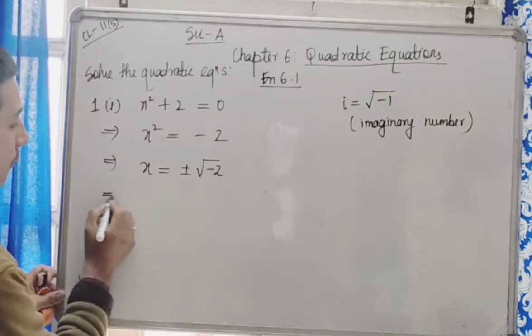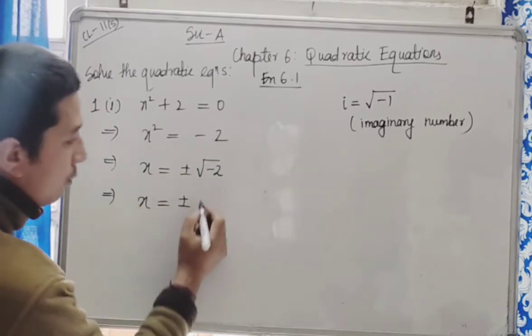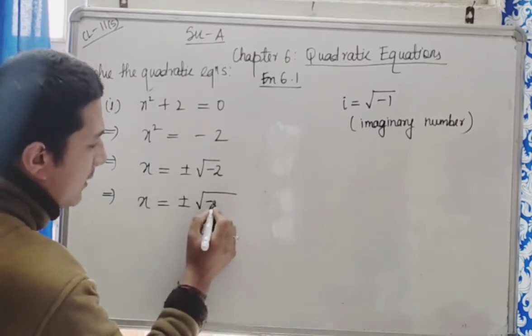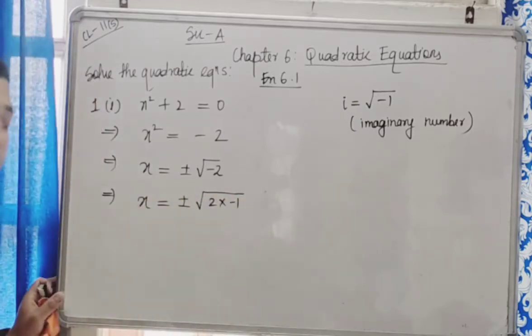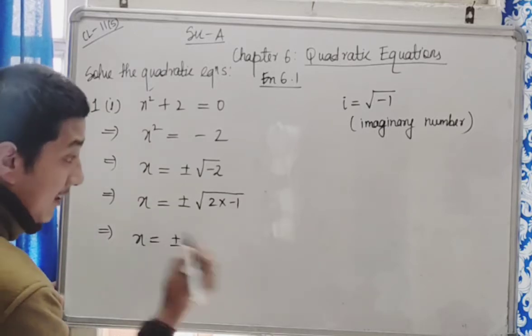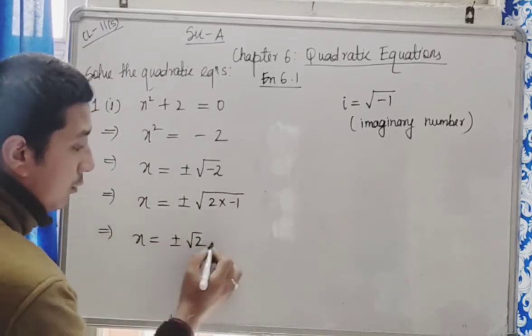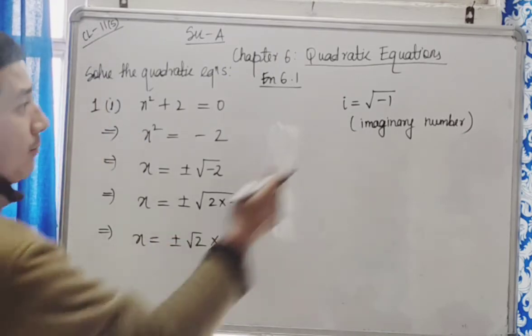Therefore, here we can manipulate this by writing root over minus 2 as 2 into minus 1. Now we can separate the roots as root 2 into root minus 1. And what is root minus 1?